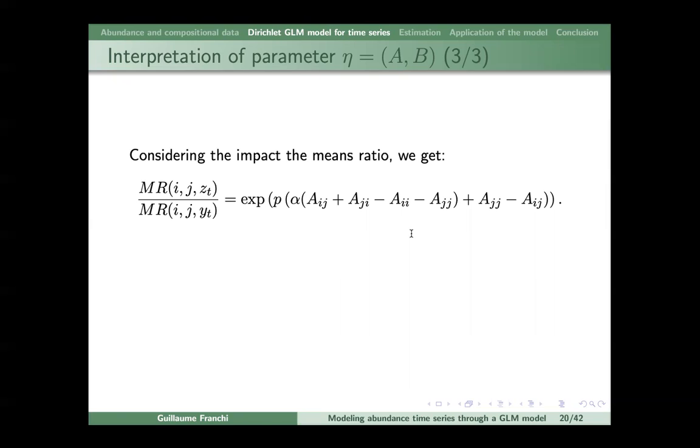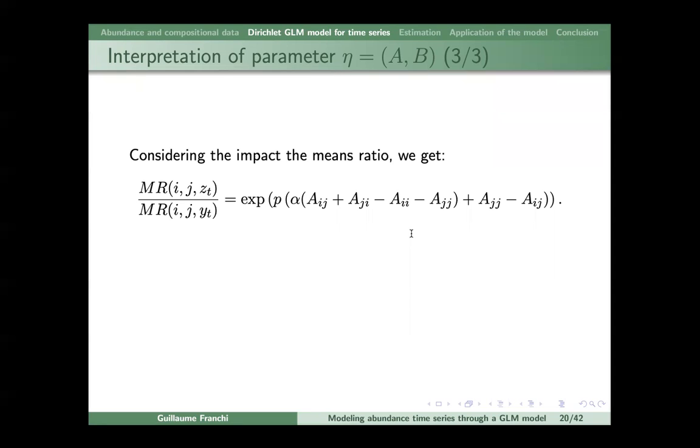What is important here is that if this ratio is equal to 1, it means that our perturbation did not modify the balance between species I and species J. I could do nothing, and it would be the same if we take a look at the balance between the two species.